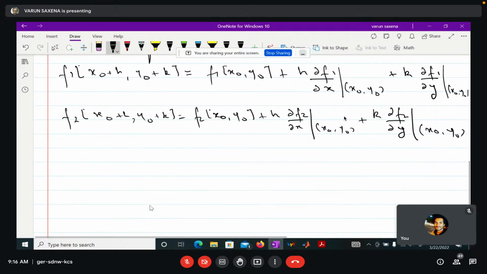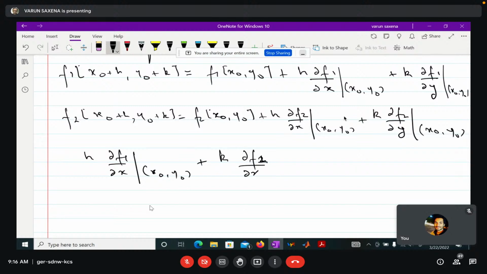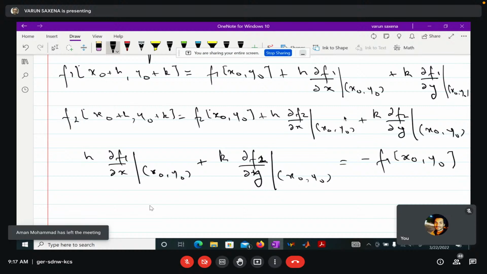So I get this equation, which is h del f1 over del x at x naught y naught plus k del f1 del y at x naught y naught is equal to minus f1(x0, y0). I've skipped one step. What I meant was that I would have equated this to 0, and then equated the other to 0, and then I would have taken f1(x naught, y naught) to the other side.